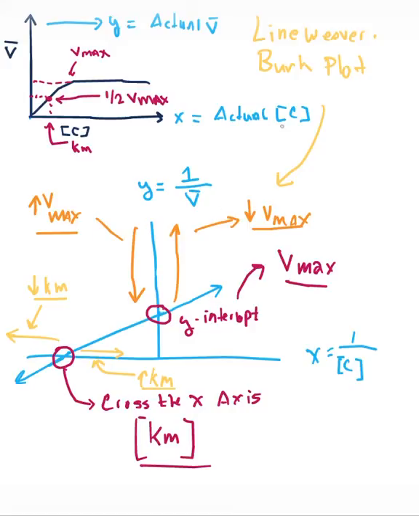Now, this Lineweaver Burk plot, as unintuitive as it may seem, is nice because it can help us identify very quickly and easily what is happening to my Vmax. Is it going up or down? And my Km value, is it going up or down?